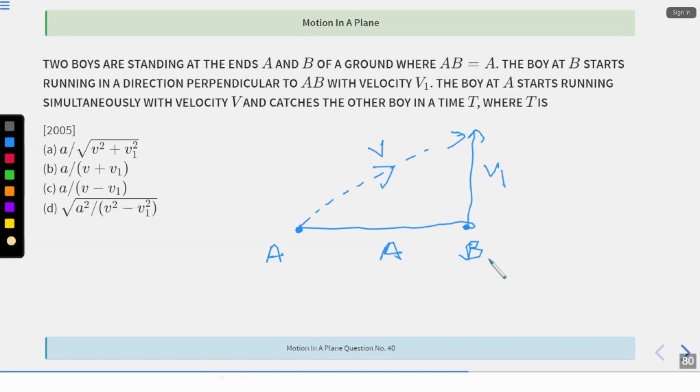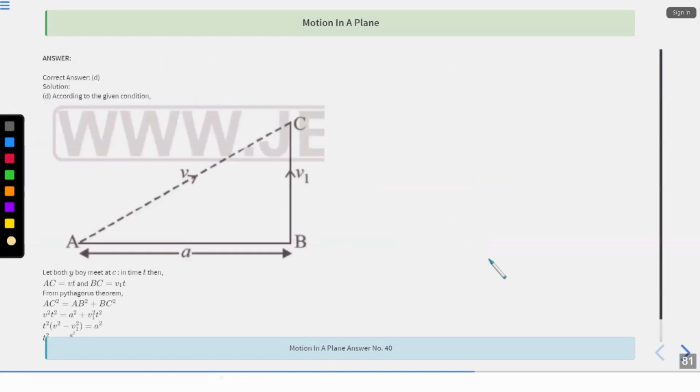Okay, so we'll call this point C. Here we can tell that AC is equal to VT. Why did we tell that? We have been given the time is T and we know that distance is equal to speed into time. So AC is equal to VT, and then BC is equal to V1T.